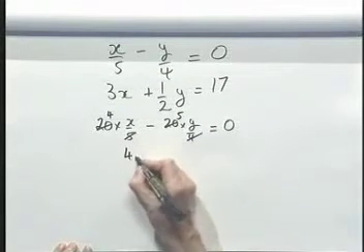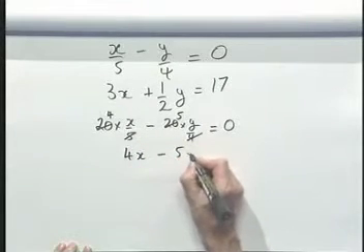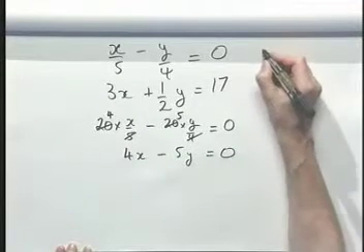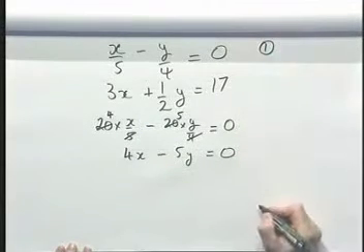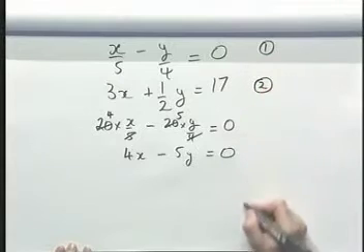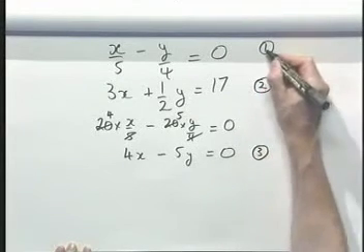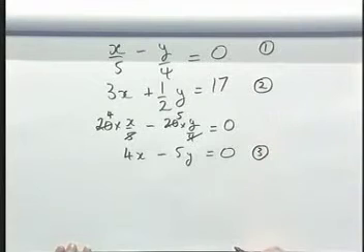And so we have 4x minus 5y equals 0. So that was our first equation. That was our second equation. This one has now become our third equation. So equation 1 has gone to equation 3.